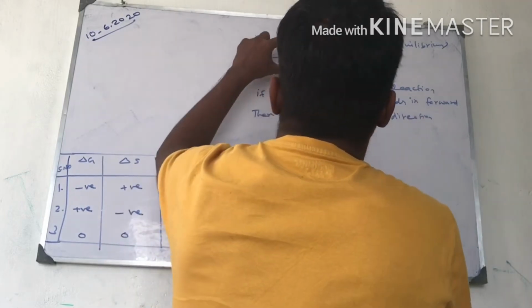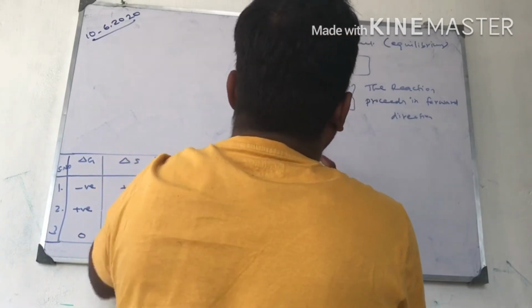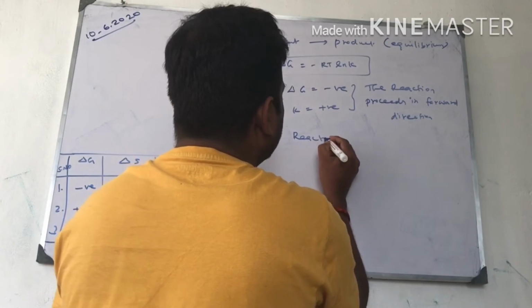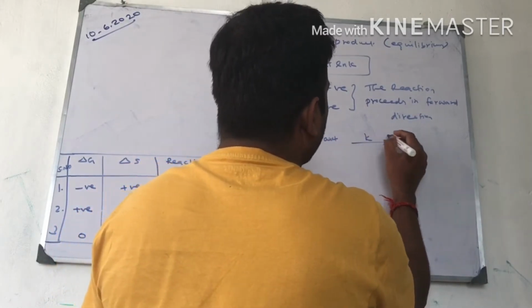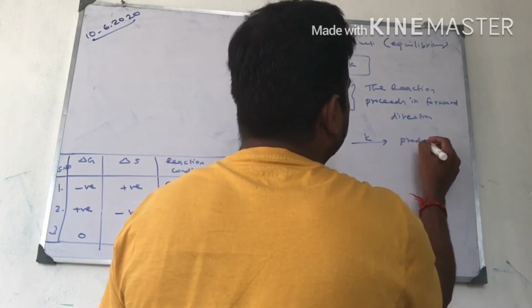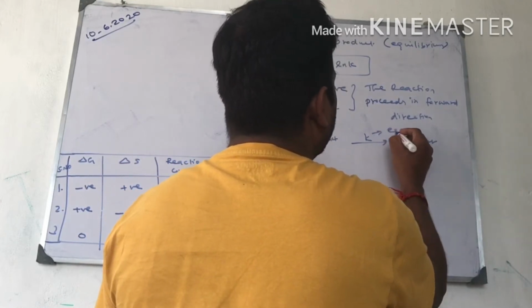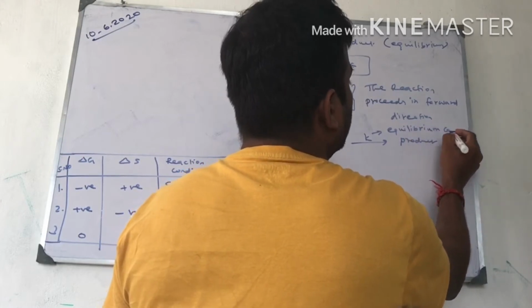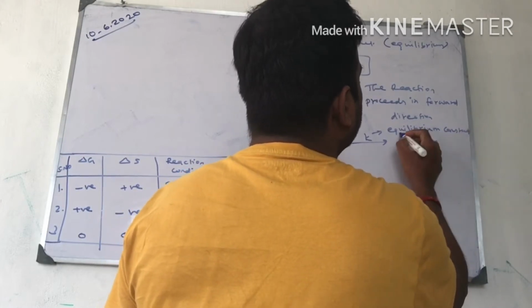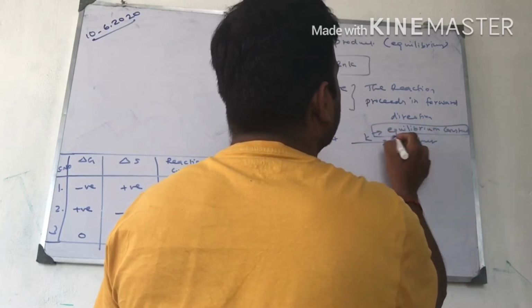Because delta G is opposite of K, the reactant goes to the product. This K is nothing but the equilibrium constant.